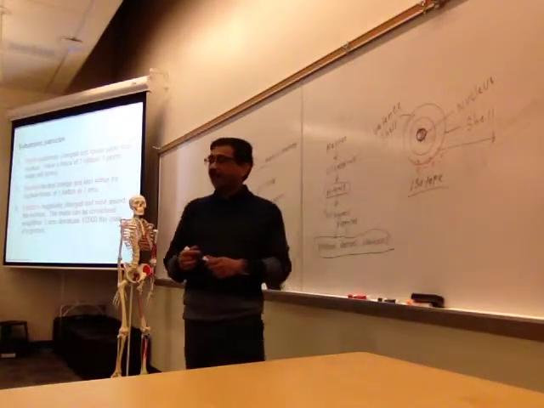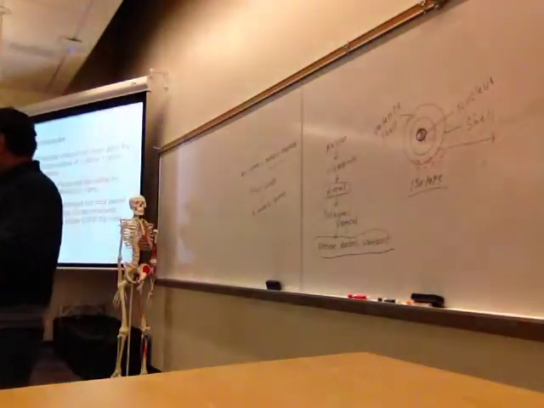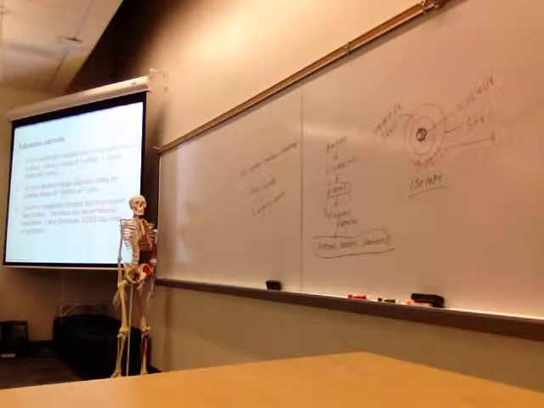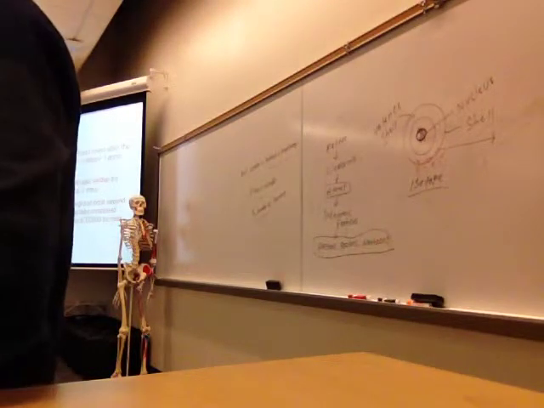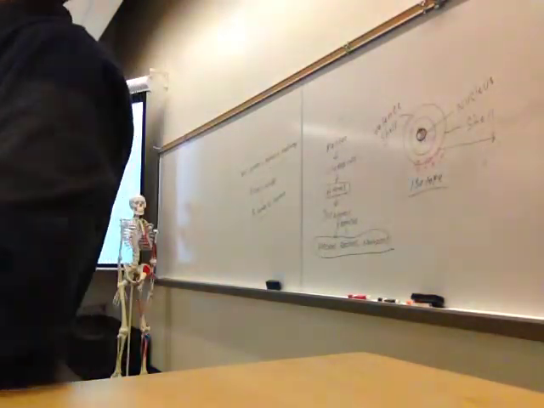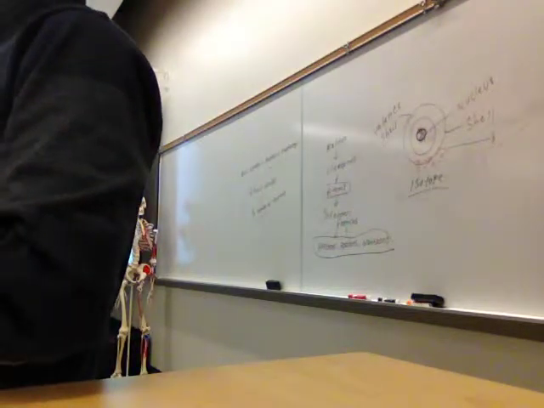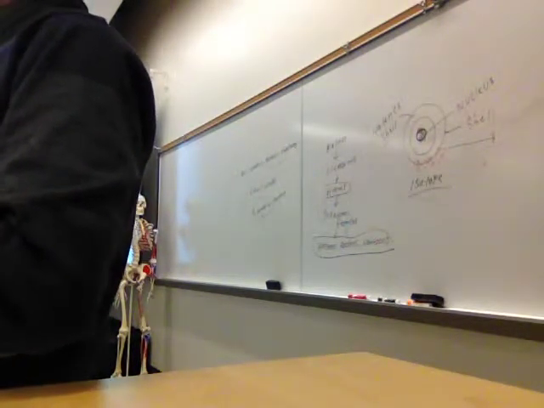So, if the number of neutrons is different from the number of protons in the nucleus, that atom is called what? An isotope. That atom is called an isotope. Is it clear?